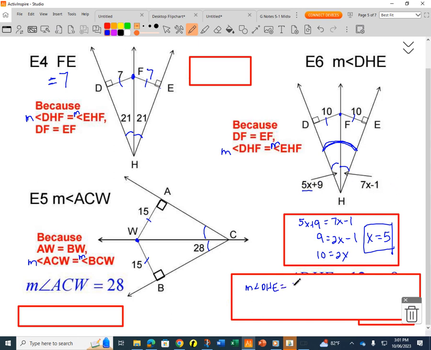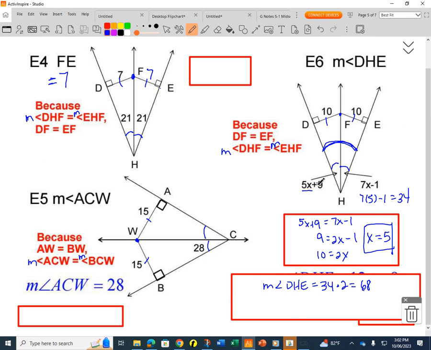We're going to do the smaller. 7 times 5 minus 1 equals 35 minus 1. That's 34. So we know that these two are congruent, and the measure of angle DHE equals 34 times 2, or 68.